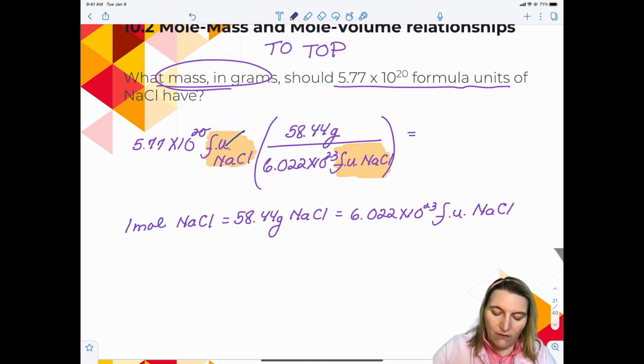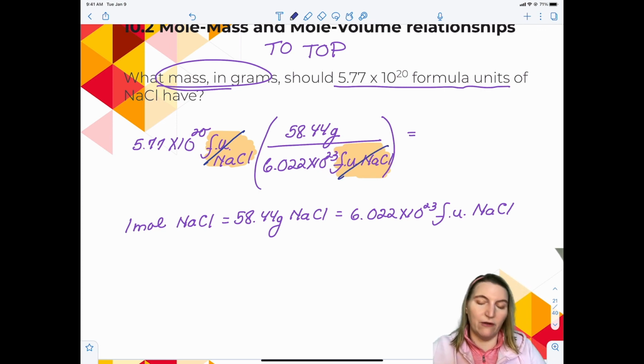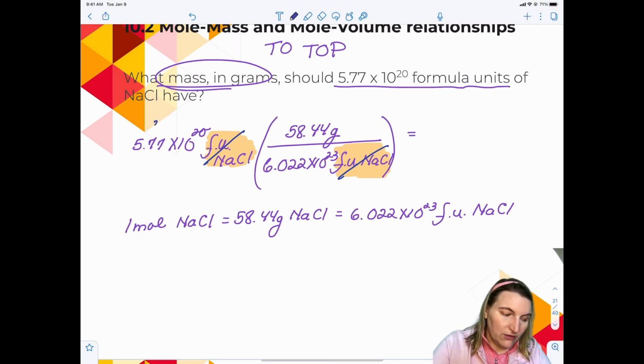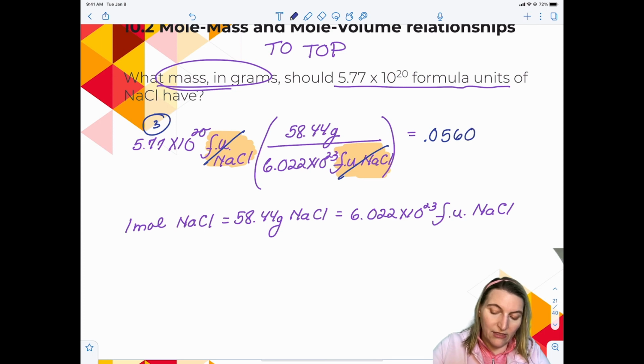And then my units, of course, are going to cancel out. I plug this into my calculator, 5.77 times 10 to the positive 20 times 58.44 divided by Avogadro's number, or alpha M, and 3 significant figures is what my answer is going to be. And what is it? 0.0560 grams of NaCl.